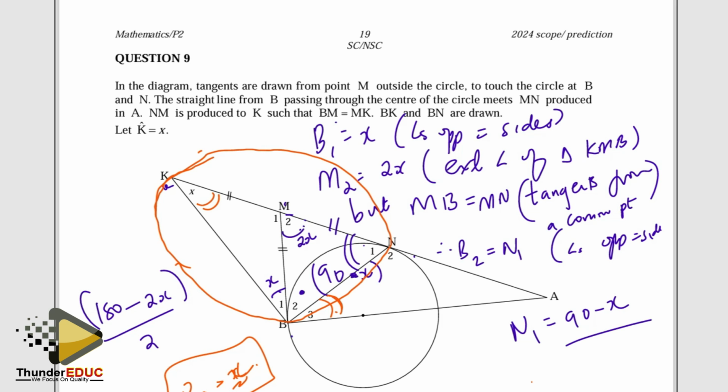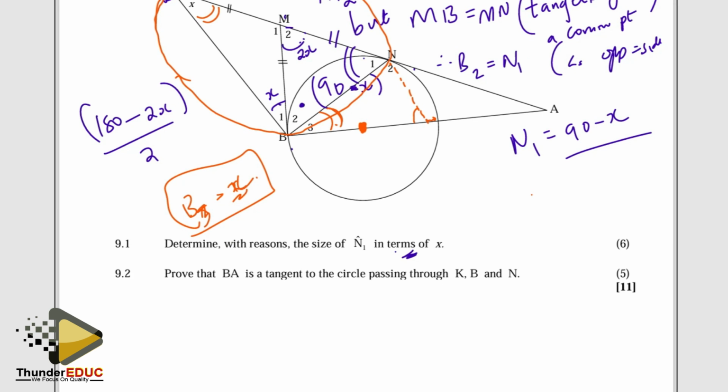Wait a minute. They told us the straight line from B passing through the center meets MN at A. So this is the center. Do I need to construct? Yeah, I think if I just construct, that is not a big deal.